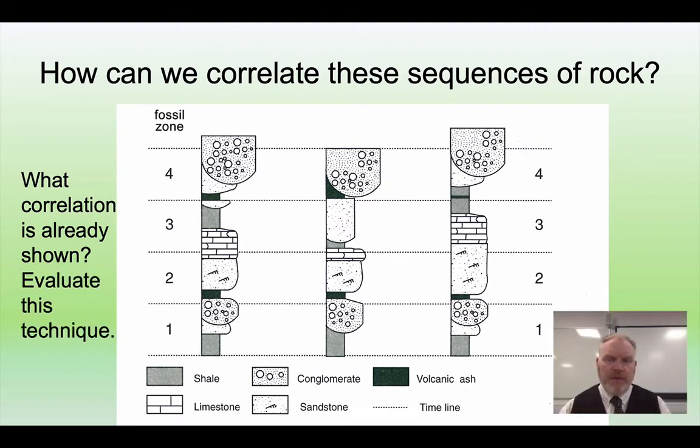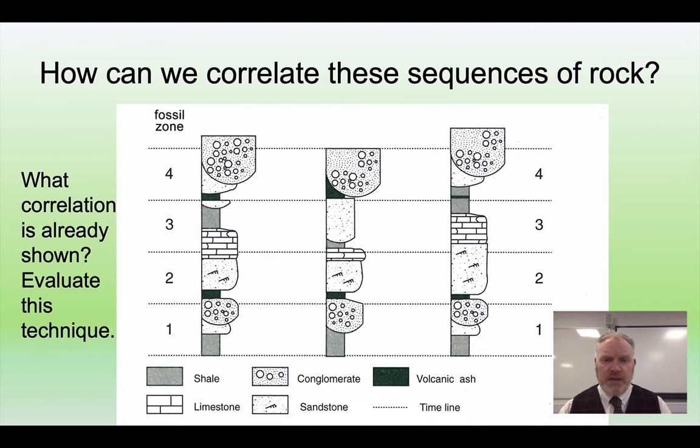So, if we evaluate this technique, we can see that we've got a really good time control across these three sites. However, if we look at some of these different zones of time, we can see that there are some similarities. For example, in fossil zone 1, we've got pretty much the same sedimentary environment in each of those three locations.